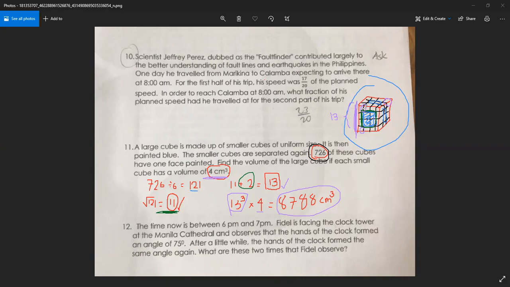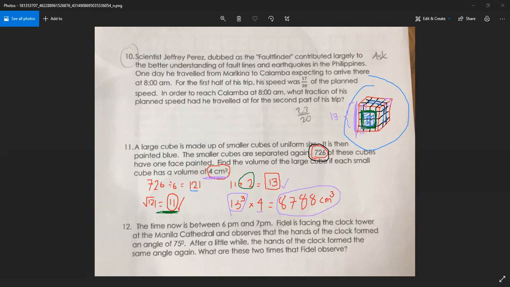And this is a square. Yes, the area of this square now is actually 121, correct? Again, 121 is the amount of cubes.